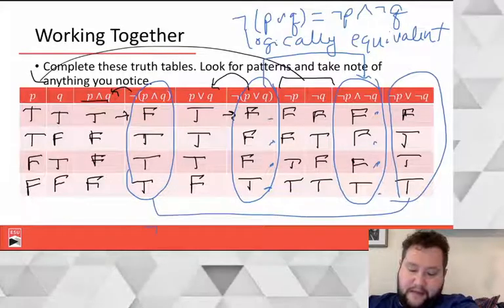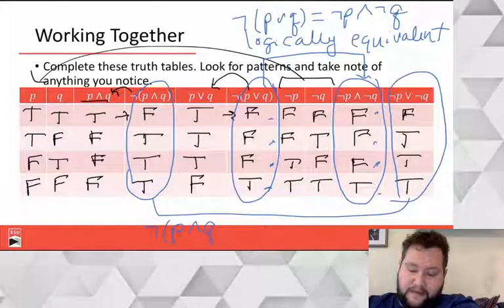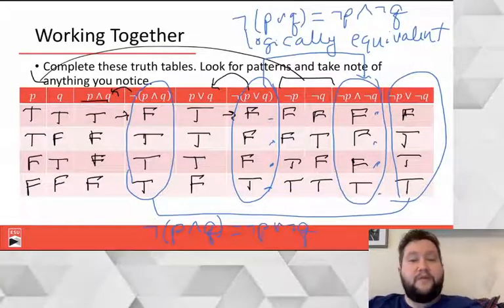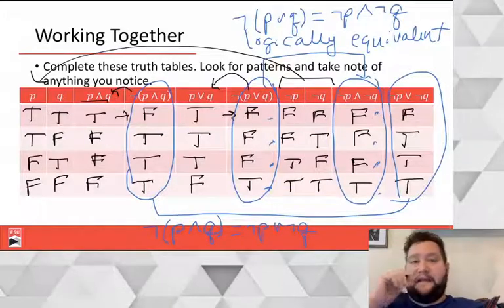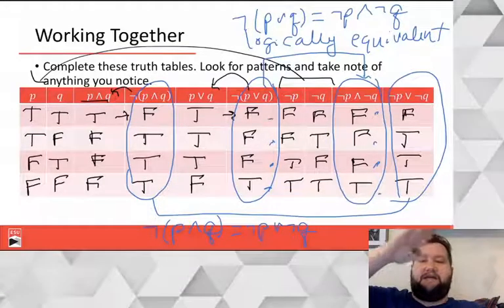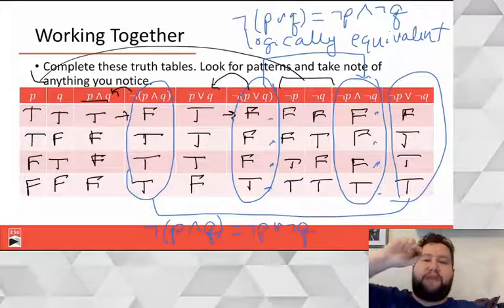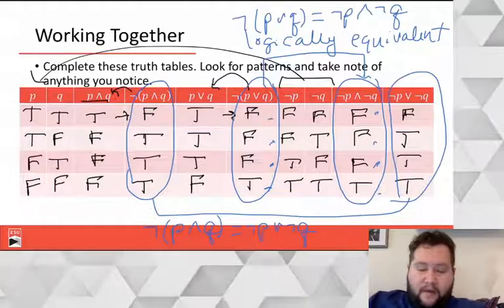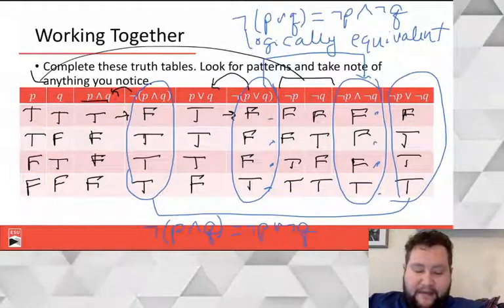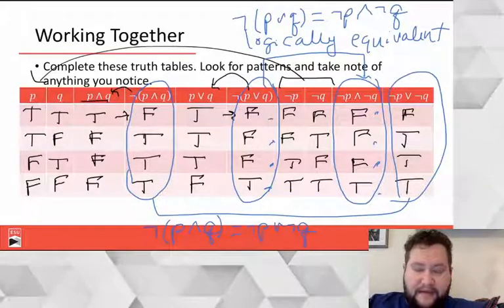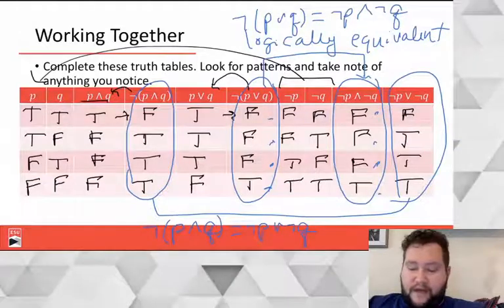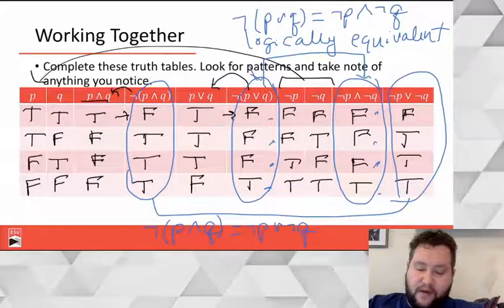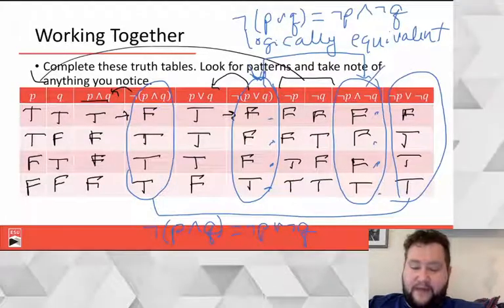So not P and Q is the same as not P or not Q. Remember in that previous sample, we couldn't just distribute that negation, that not. What turns out happening is that if we have the not of an and, we get the or of the nots. Or if we have the not of an or, we get the and of the nots.